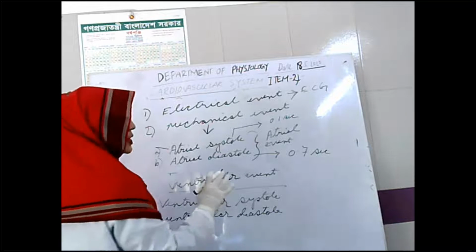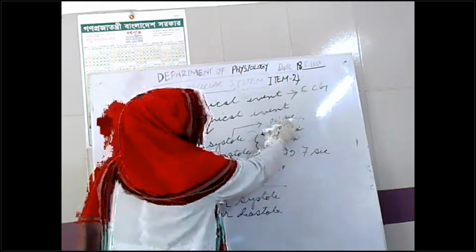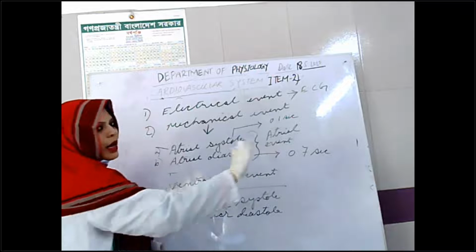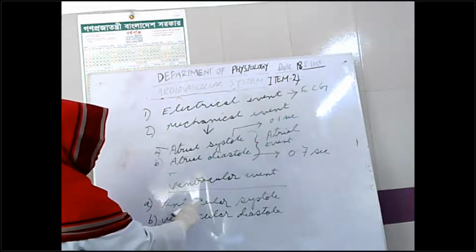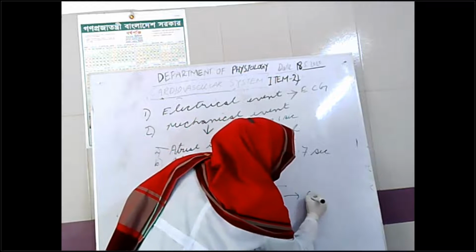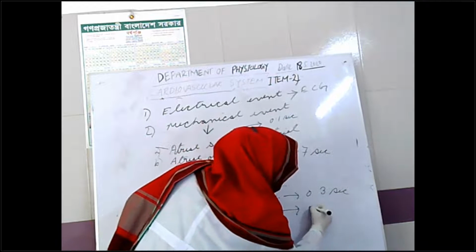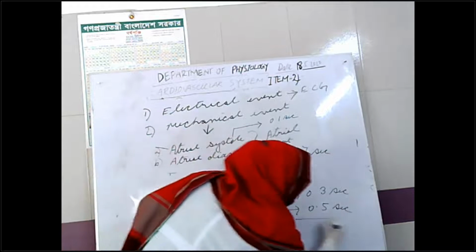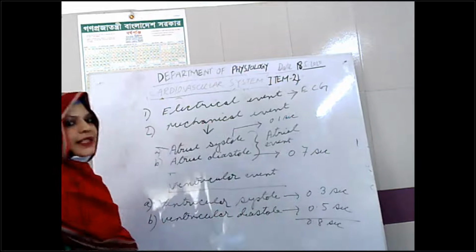Now the ventricular event: ventricular systole 0.3 second and ventricular diastole 0.5 second. That is again total 0.8 second, that is the cardiac cycle time.